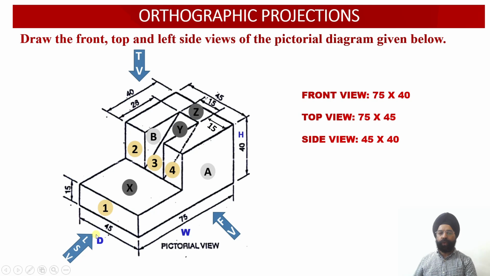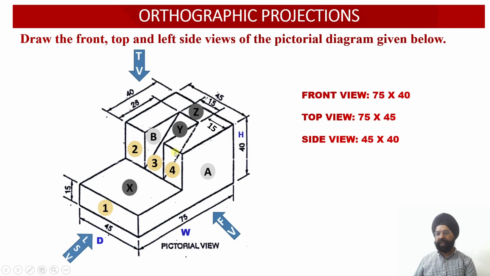Now when we are going to look at the solid from the left hand side, this is the first surface which will be visible to us. This is surface number 1. This is the vertical portion of the lower block, which will be visible to us from the left hand side. Then these are the two vertical surfaces.